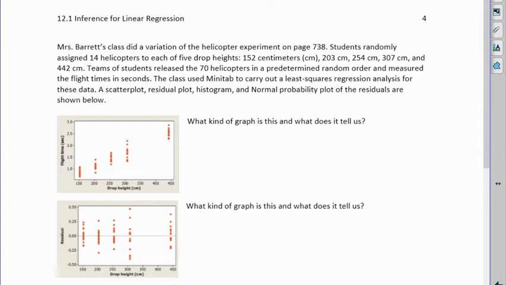And they're going to measure the flight time in seconds. So you can see, for example, at this drop height, there were all the results of what that helicopter was dropped at. So the first thing is, when you look at this first graph, what kind of graph is this? This is a scatter plot of the data.